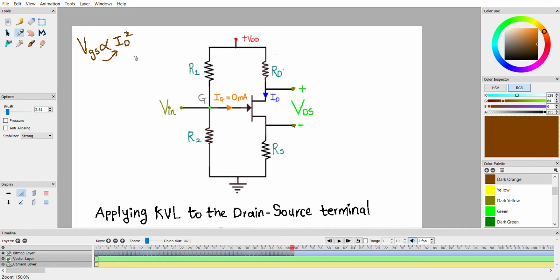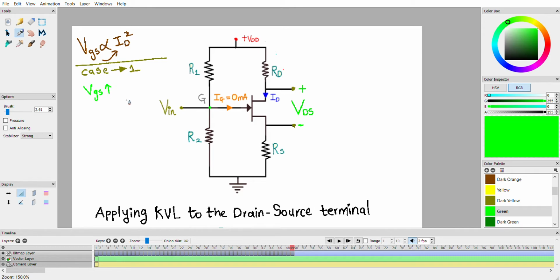To understand this phenomenon, we will divide it into two cases, case 1 and case 2. So this is case 1, and we are considering that VGS, the input voltage, is increasing.